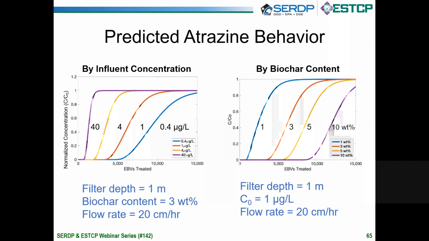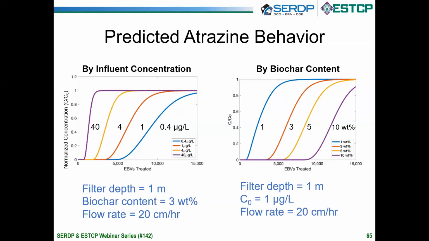Now, if you look at stormwater monitoring, atrazine concentrations in stormwater, upper range might be a microgram per liter or a bit more. So with that thought, you could see, well, we could treat perhaps thousands of bed volumes, 5,000 to 10,000 bed volumes.